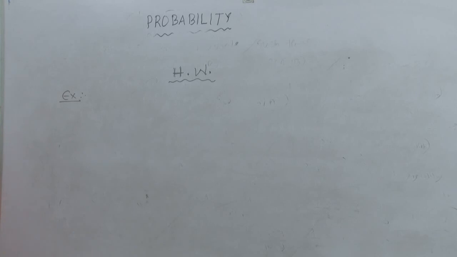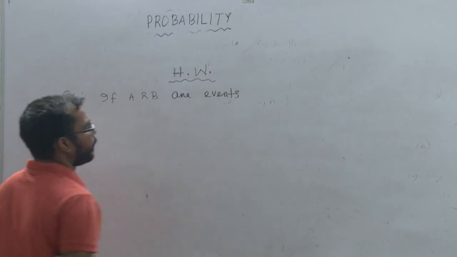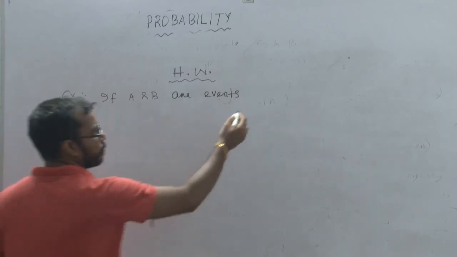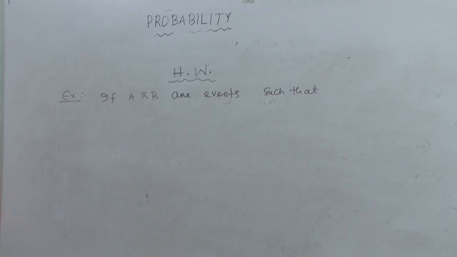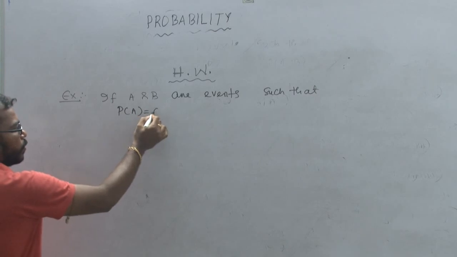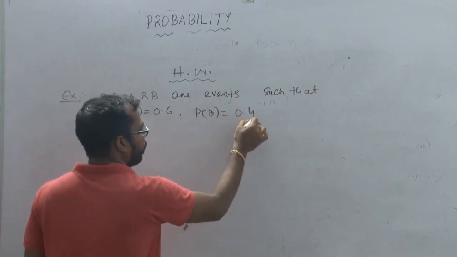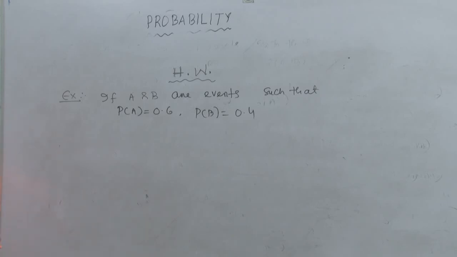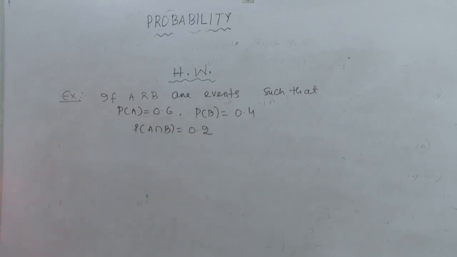That is, if A and B are events such that P of A is equal to 0.6, P of B is equal to 0.4, and probability of A intersection B is equal to 0.2. Okay, P of A, P of B, and P of A intersection B 0.2.